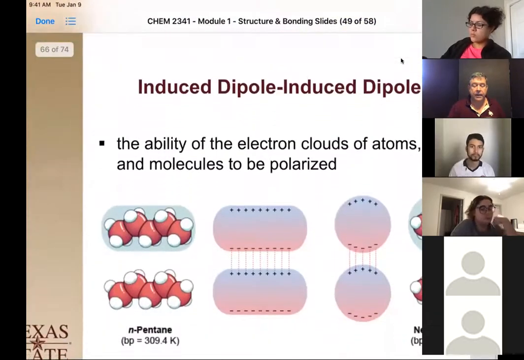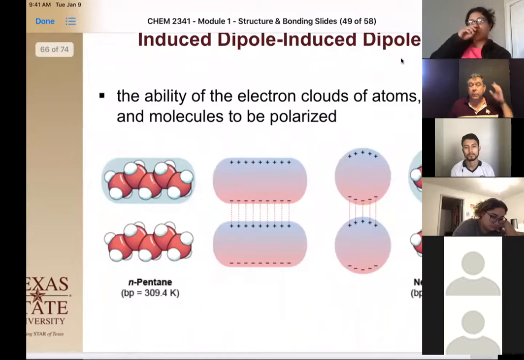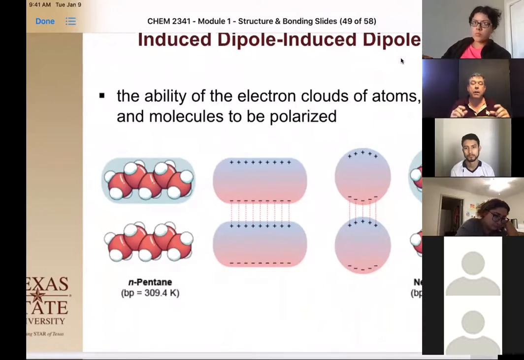Okay, so that leads us to our last and weakest one, which is induced dipole. And this happens mostly in atoms or in molecules that have either very little polarity in their bonds or no polarity in their bonds at all. So what happens is that when a molecule comes to the other molecule here, it's like, well, we all have the exact same electron density, but I'm going to move a little bit of my electron density to the other side of my molecule, so we're slightly attracted to each other, okay?